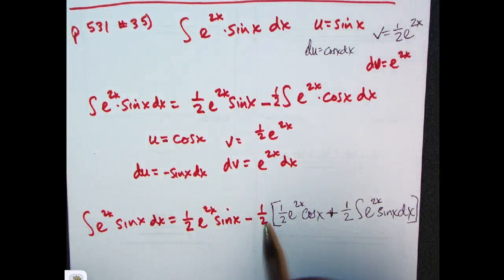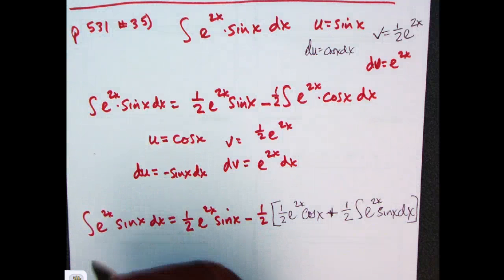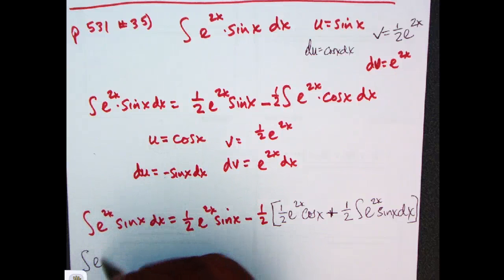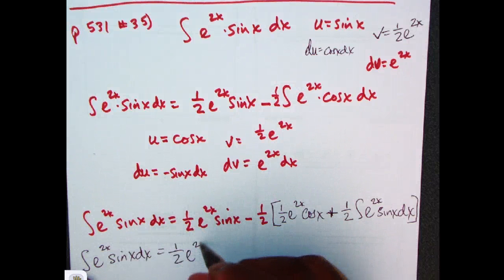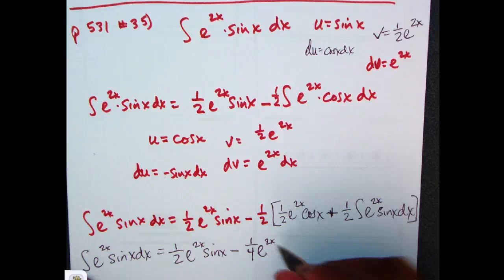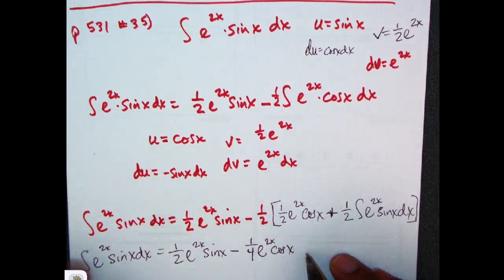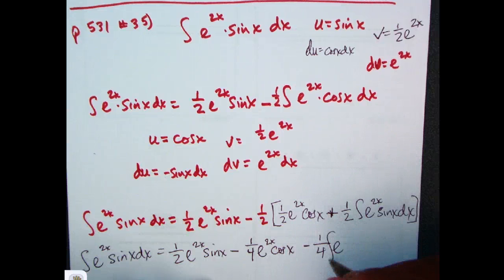Alright, so distributing this negative 1/2 here, we end up with the integral of e to the 2x sine of x dx is equal to 1/2 e to the 2x sine x minus 1/4 e to the 2x cosine of x minus 1/4 the integral of e to the 2x sine of x dx. Okay.